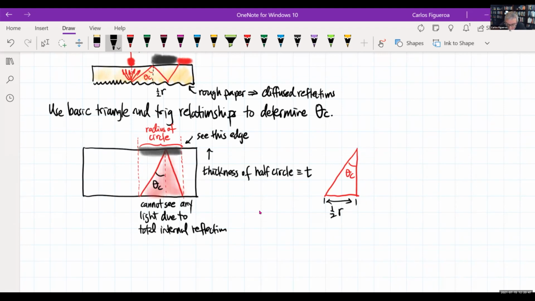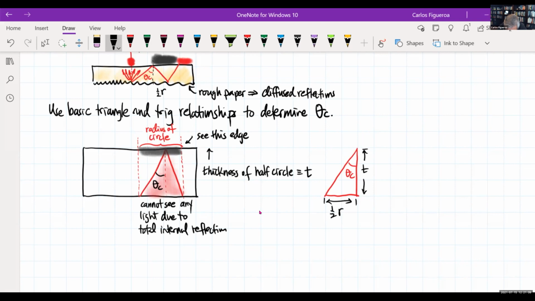So now look what I have to do. I know that this is the height, the thickness T. If I measure the radius of the circle, I can use the relationships of what? The opposite over the adjacent gives me the tangent of the critical angle.